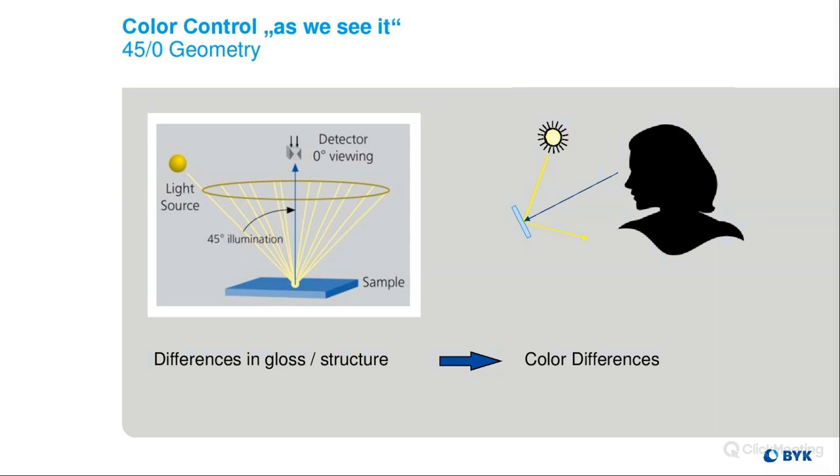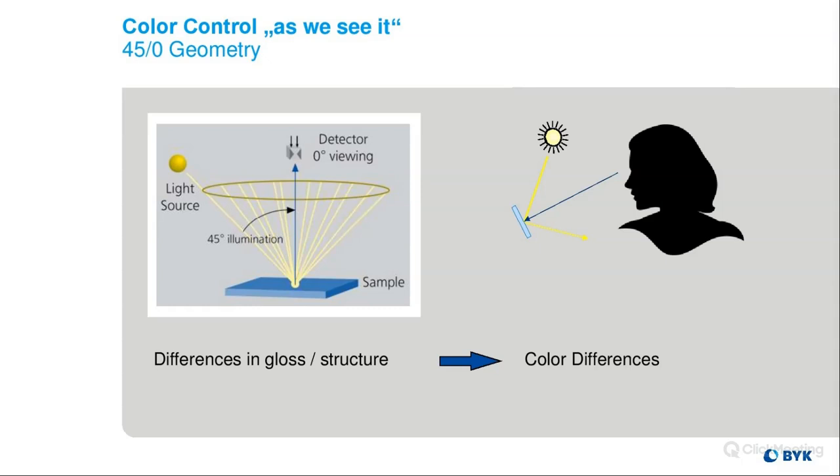So it's important with these instruments that I've referenced before, the Spectro 2 Guide, that instrument with the 45-0 geometry inside of it, it works how we perceive color with our own eyes. You can see here, it works internally with the light source coming from that 45-degree angle, coming from all sides, so circumferential.